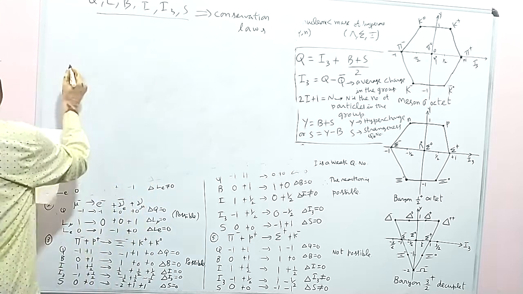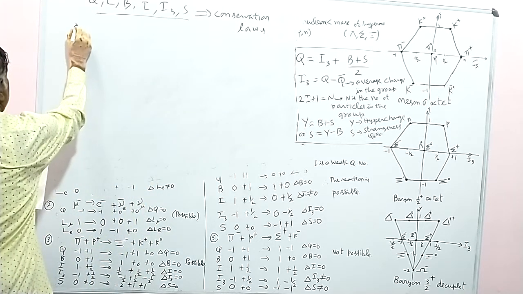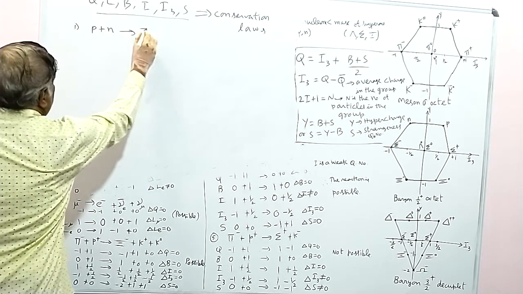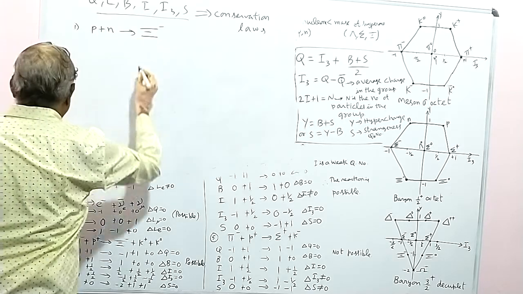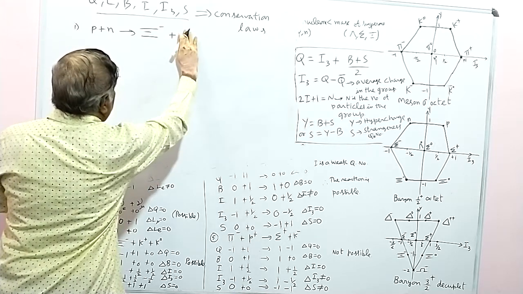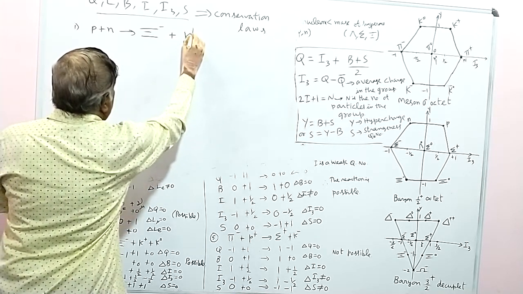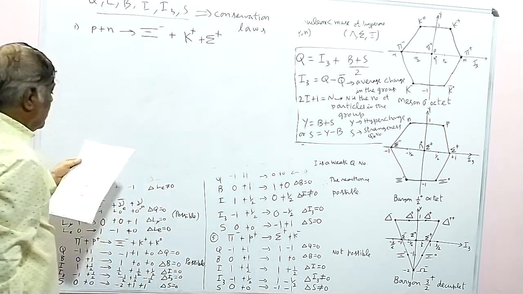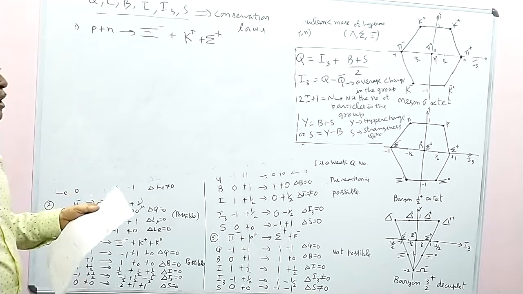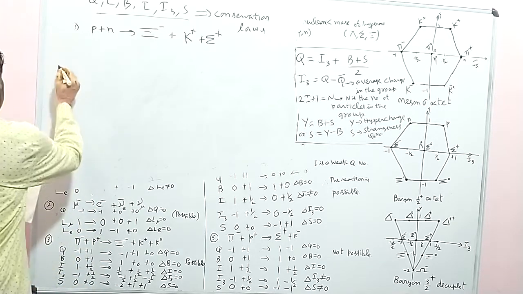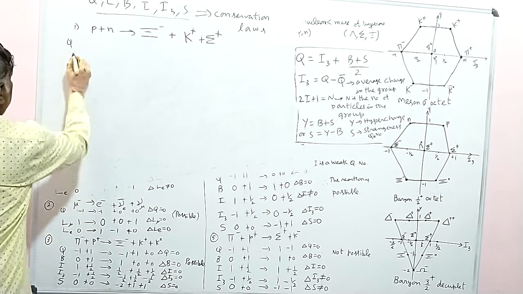So now let us take the first one, p plus n, pi minus plus K plus sigma plus. Now let us check whether all the quantum numbers are satisfied. So the first one is Q, charge.